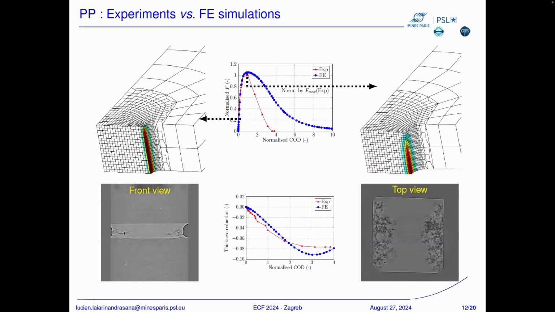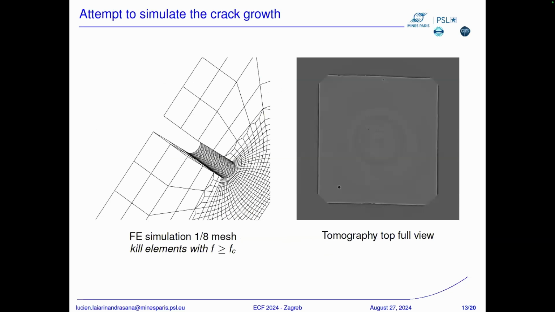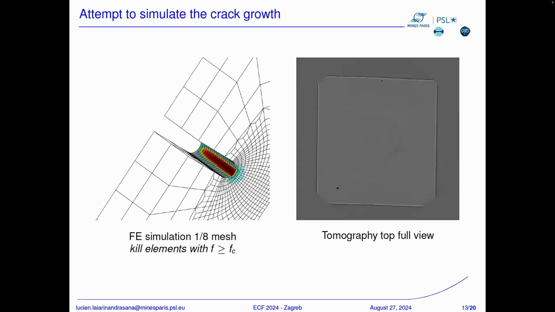So we can see up to the maximum load that both are in good agreement, the experiments and the simulation. And also the thickness reduction has been used in order to calibrate the parameters. And this is what happened during the crack growth, as can be seen here.